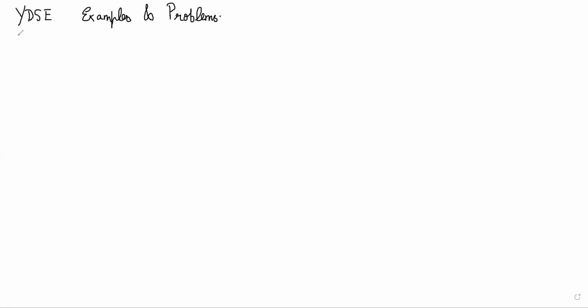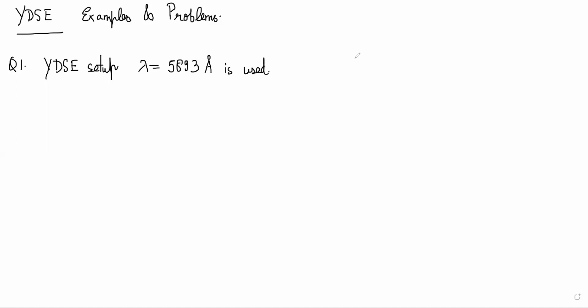So we'll do some more problems and advanced cases for YDSE. Question one is this. In a YDSE setup, light of wavelength lambda is equal to 5893 angstrom is being used.